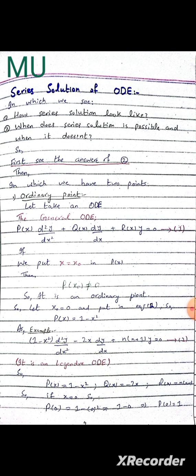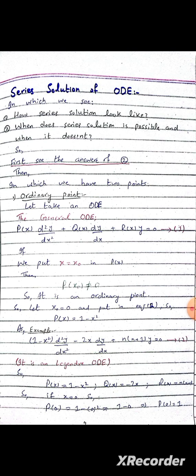Let us understand with the help of an example, the Legendre ordinary differential equation: 1 minus x square into d square y by dx square minus 2x into dy by dx plus n into n plus 1 into y is equal to 0, which is equation number 2. So here p of x is equal to 1 minus x square, q of x is equal to minus 2x, r of x is equal to n into n plus 1.